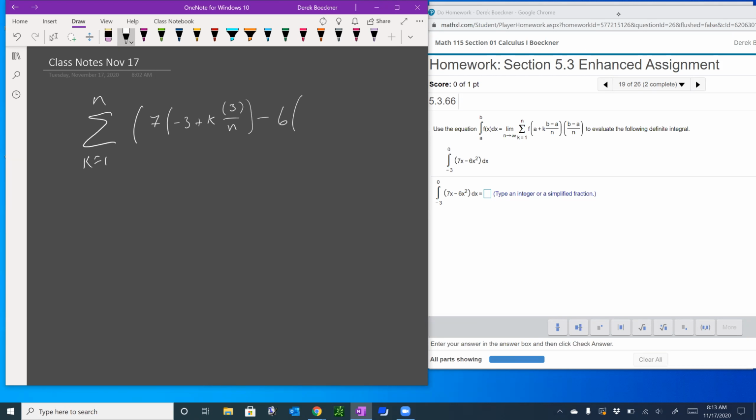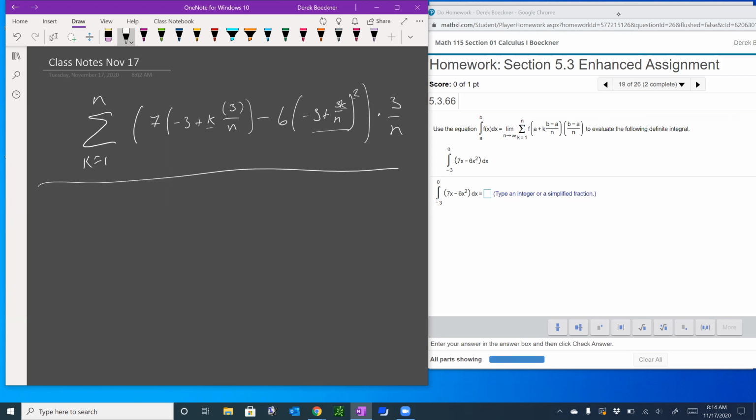We want that whole thing squared, so -3 plus 3K over N squared times 3 over N. And it wants us to sum up that whole thing. So you'd split it up into different parts and add up each of the parts, with the K value and the K squared value. But this one, you're going to have to distribute and all that.